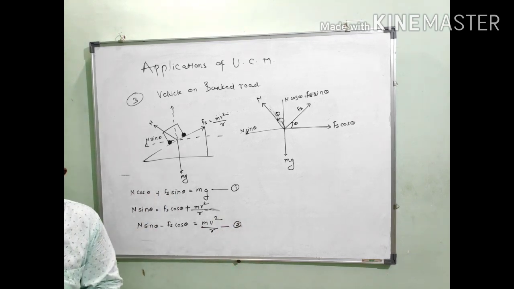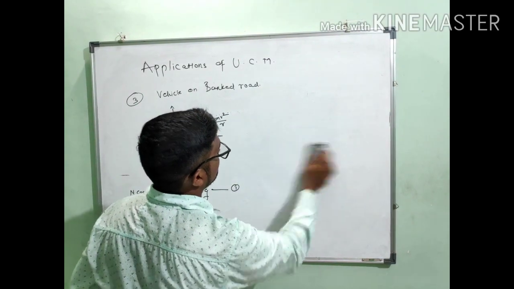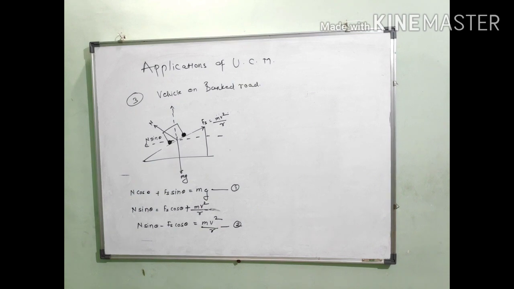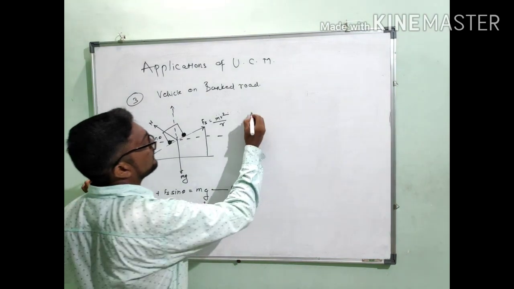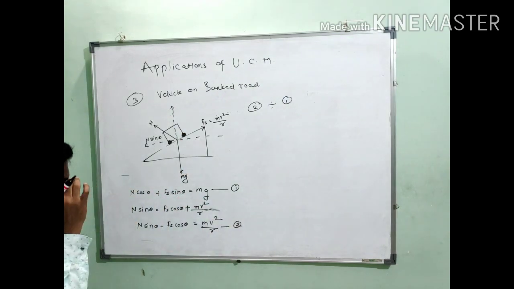So let us calculate the minimum velocity. Again the same process: dividing equation number 2 by equation number 1.